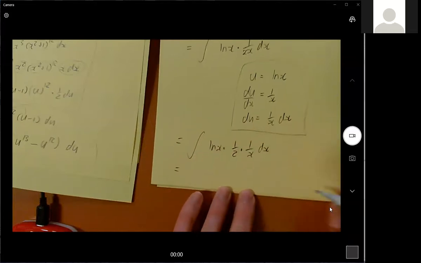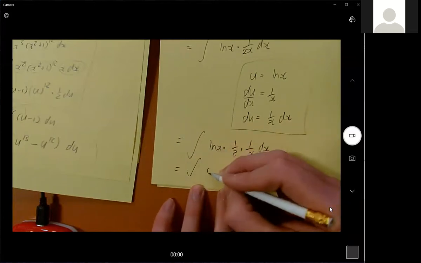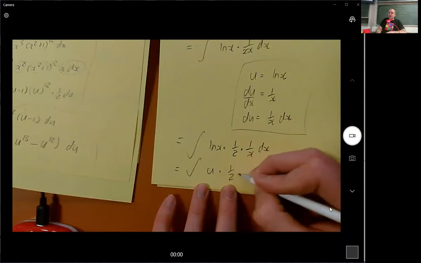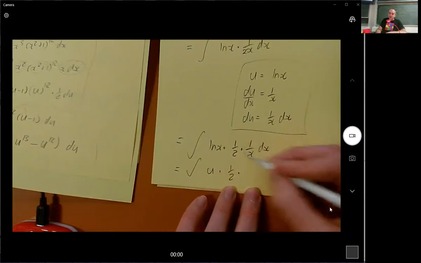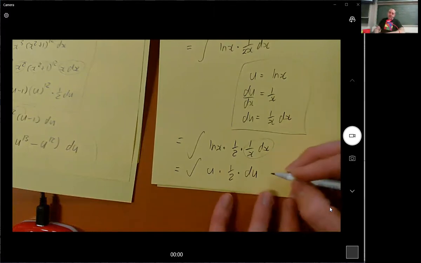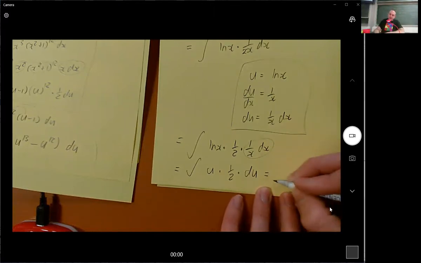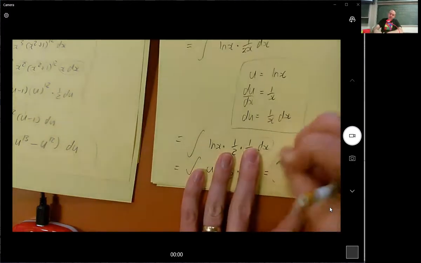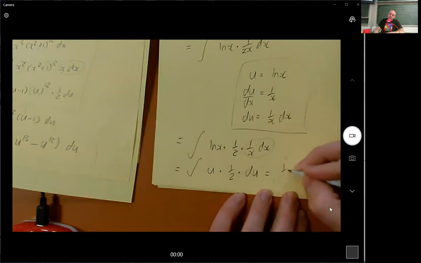And so ln x is u, half is still a half, 1 over x dx, all of that is du. Yay! So the integral of that, well, the half is multiplied on, so oh, damn it, I don't need the integral sign. Half is multiplied on, so it will still be there afterwards.